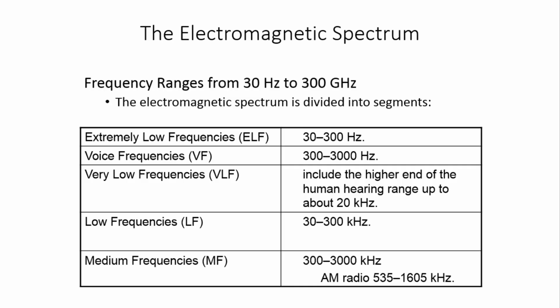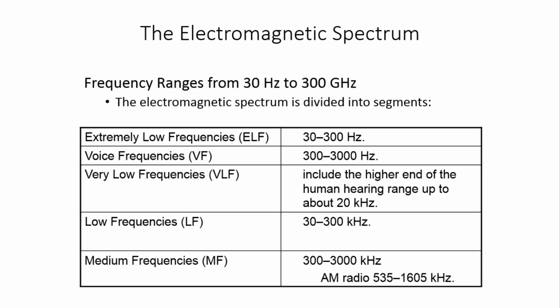Frequency ranges from 30 Hz to 300 GHz. The electromagnetic spectrum is divided into segments: extremely low frequency, voice frequency, very low frequency, and medium frequency.